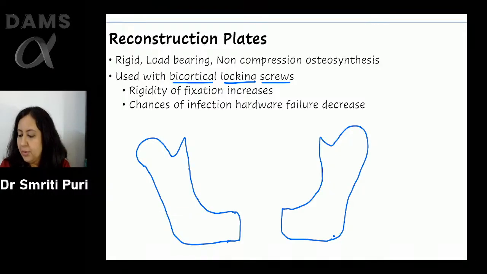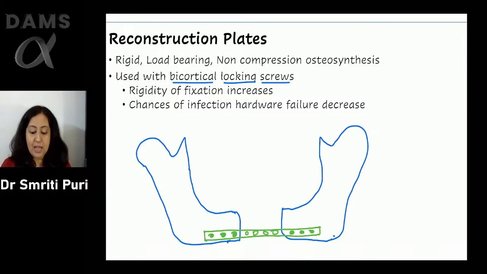Now, you remember I told you that we do the plating at the inferior border. Now I want you to understand very carefully. This is a continuity defect.